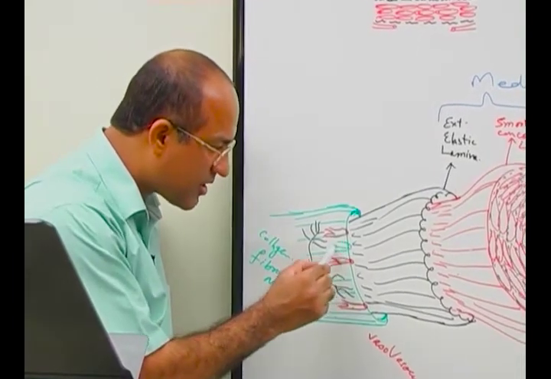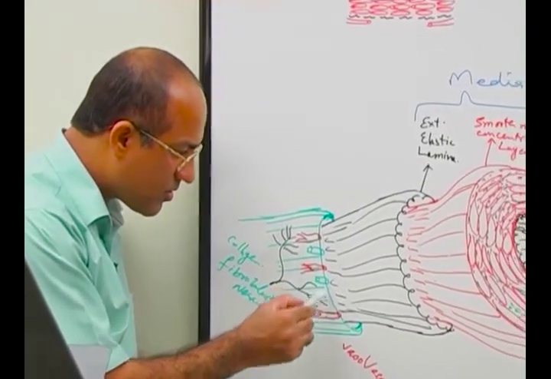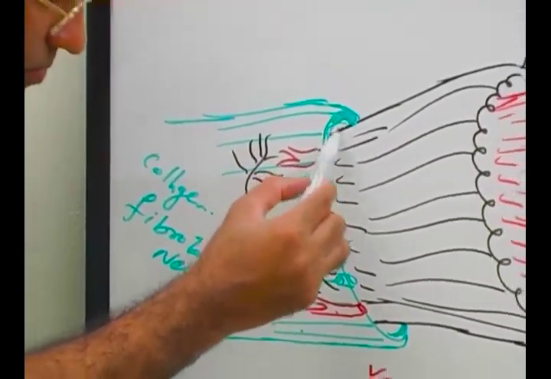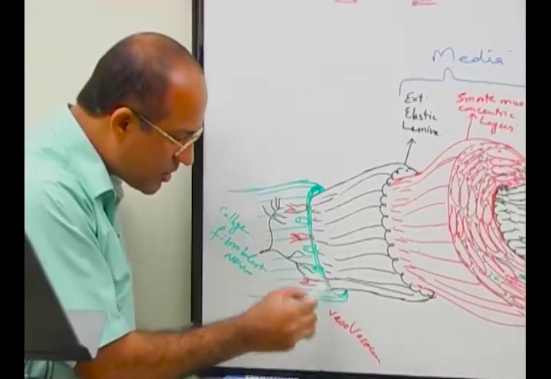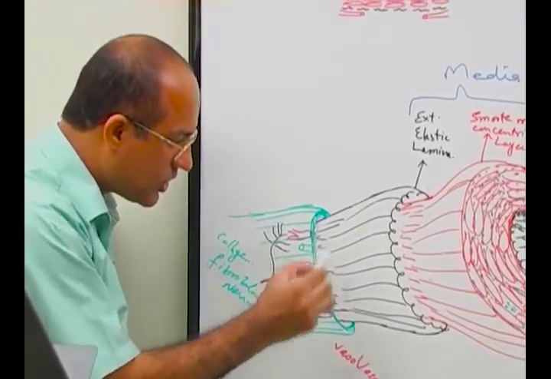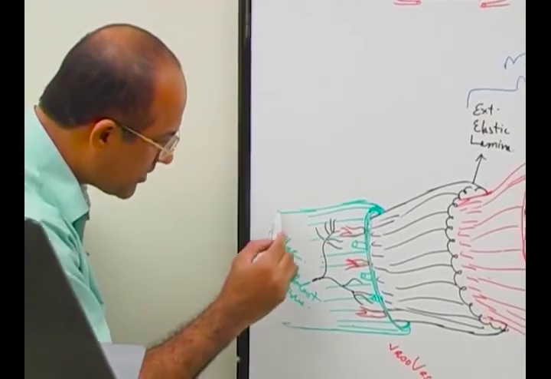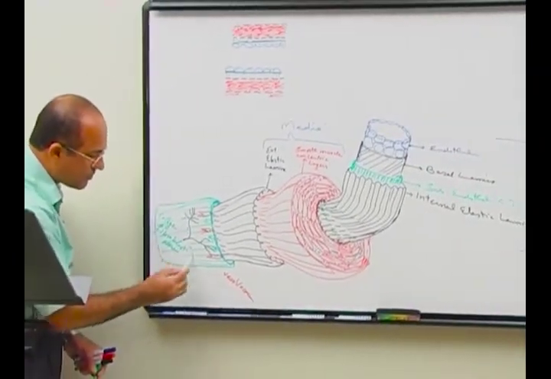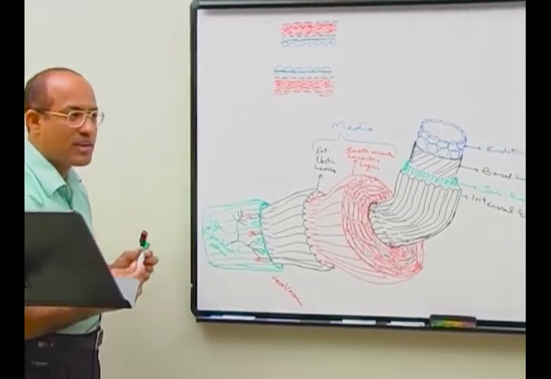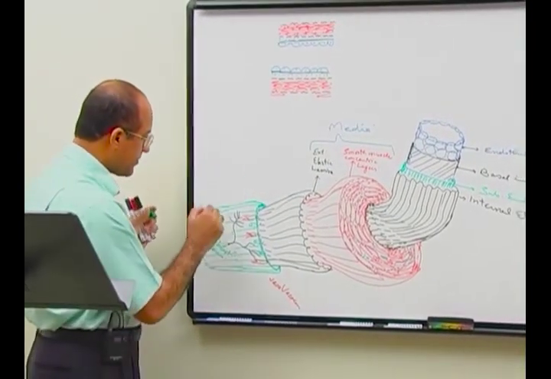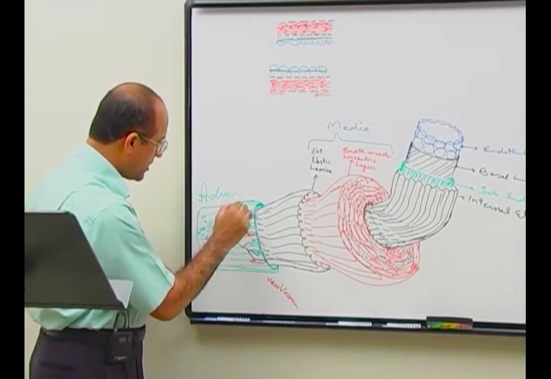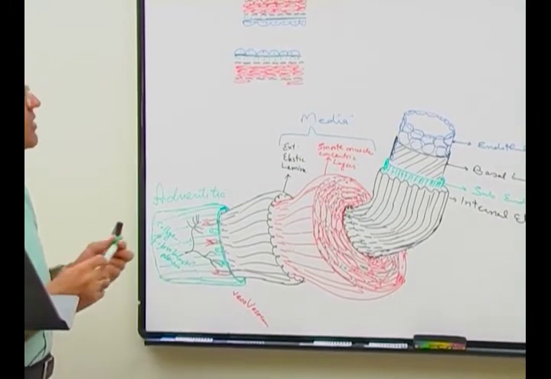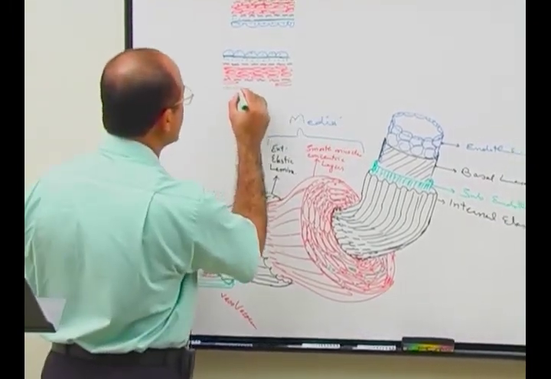So even lymphatics are there. Now all this outermost cover is called adventitia, right? So that is how an arterial structure is.